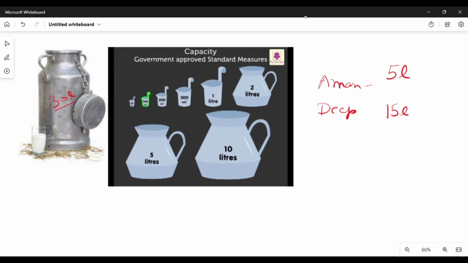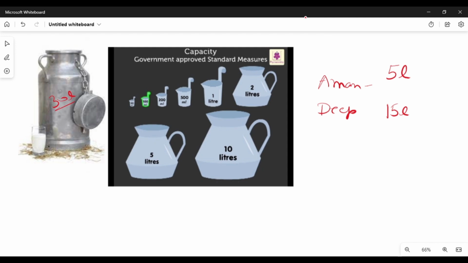Okay, now my question is, using which of these containers will the person who is selling this milk be able to give them milk by measuring it to the exact quantity?